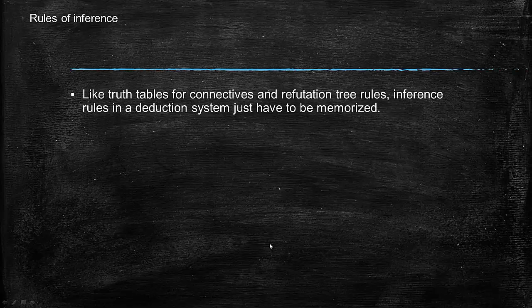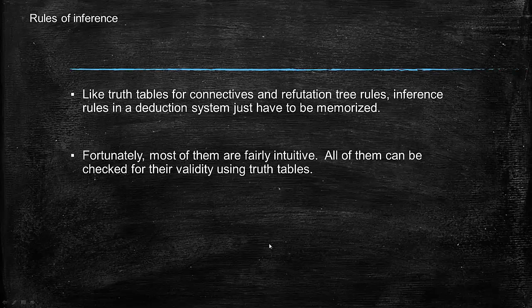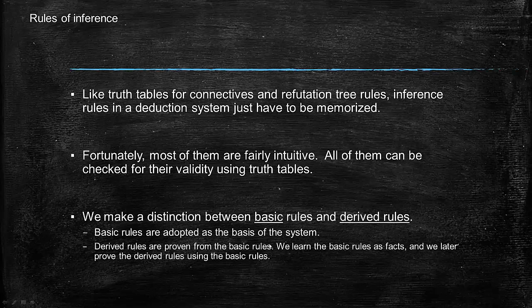Okay, so like the truth tables and also the refutation tree rules, these rules are just going to have to be memorized. They're not hard to memorize typically. They're going to feel fairly intuitive for the most part. They're certainly no more difficult to memorize than the refutation tree rules. But in propositional calculus, we make a distinction between basic rules and derived rules.